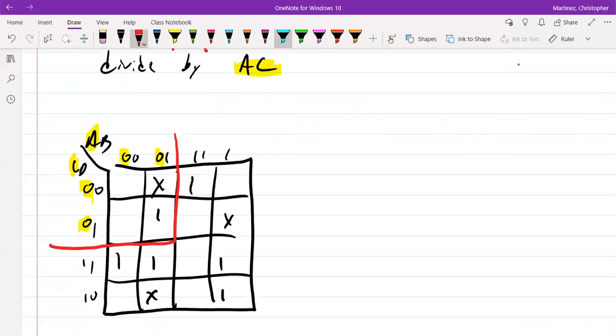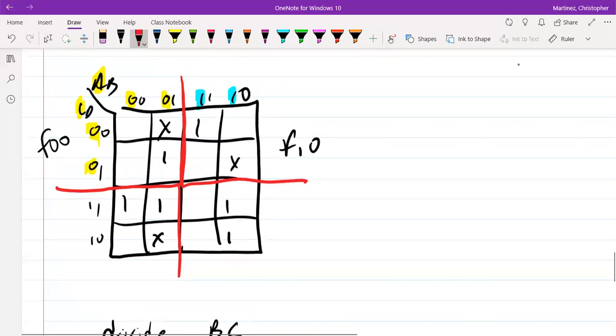If I was to go down to the next quadrant over, it's 1, 0. I'm going to divide it. So this first piece is my F00. The one next to it is my F10. It keeps dividing. So the bottom left is a 0 and a 1.